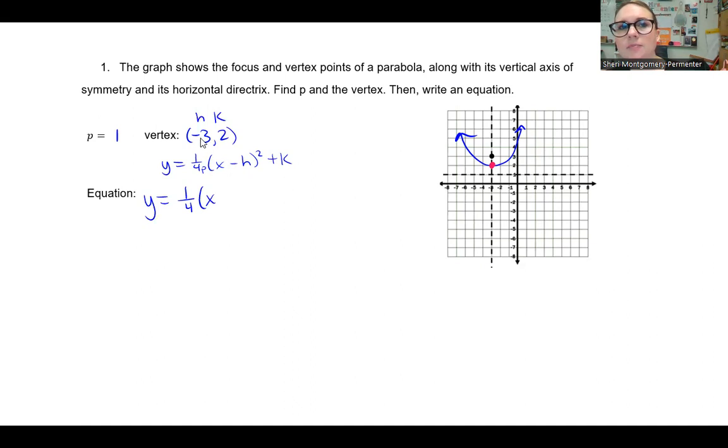So what's minus -3? +3. And then it's plus K, whatever K is. There's my equation. Well, what's 4 times 1? So it just is 1/4.